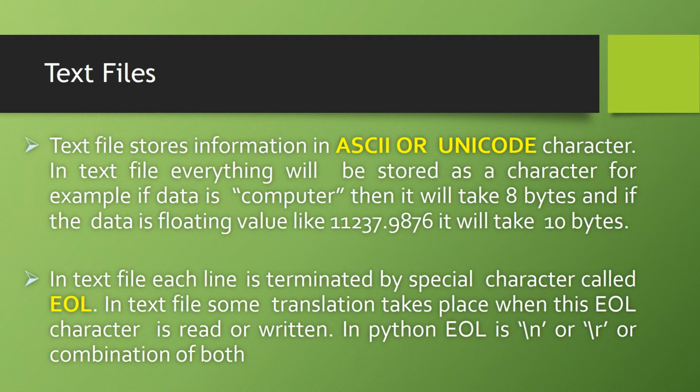So whatever you store in a text file, it can be easily understood by a human being, and all the characters that a human being understands are present in a text file, like end of line character. Computer internally maintains end of line character as \n or \r, but on the screen in a text file you will see it as a line break only.